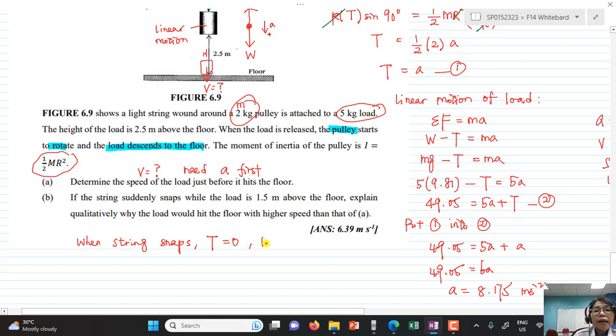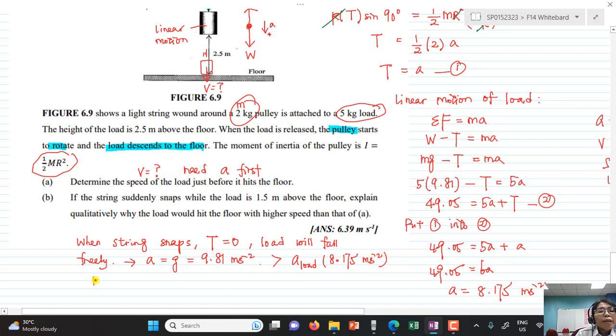So now the load will fall freely in the air, whereby our acceleration will equal the acceleration due to gravity, which is 9.81 meter per second squared. This value is greater than the acceleration of the load when it is attached to the string, which is 8.175 that we calculated just now.